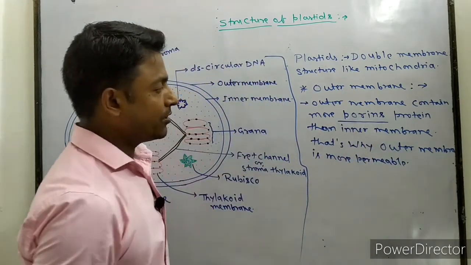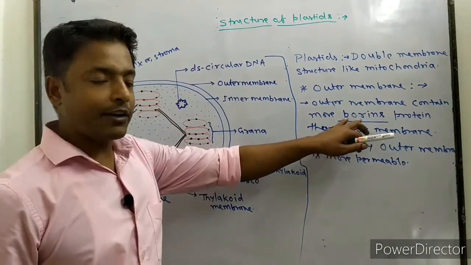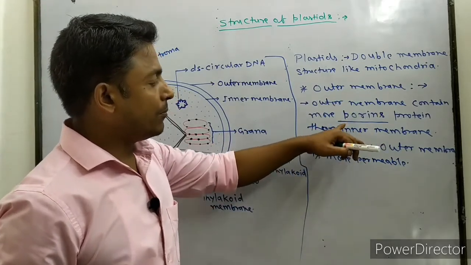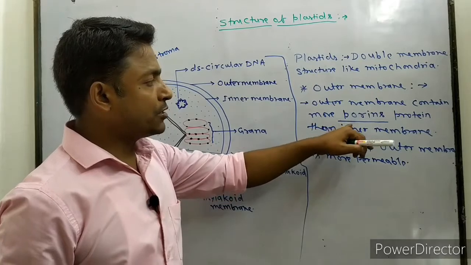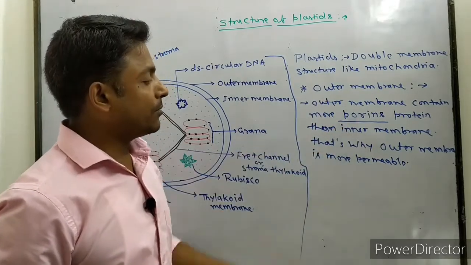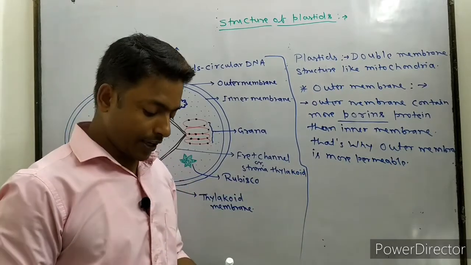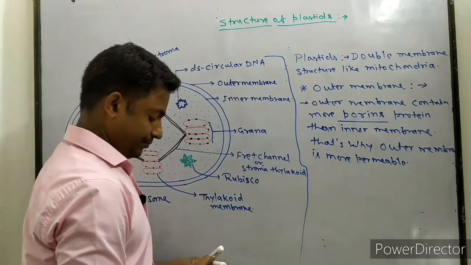Porins protein is present in the outer membrane, that's why it is more permeable.